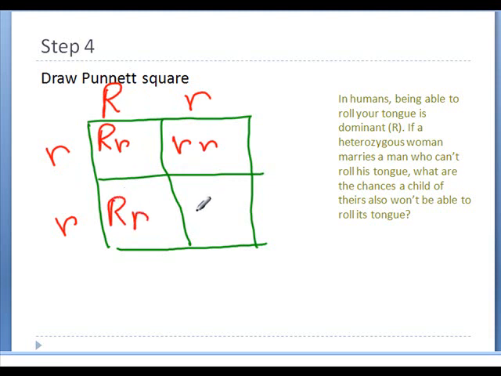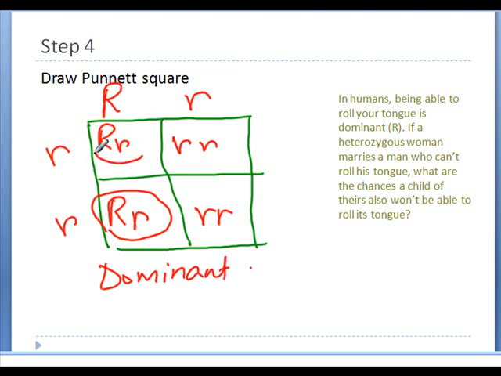And now that I've done that, I need to interpret what it indicates. This individual will be dominant and can roll their tongue. This individual is also dominant, so there are 2 dominant. This one will not be dominant. This is recessive, and so is this one.